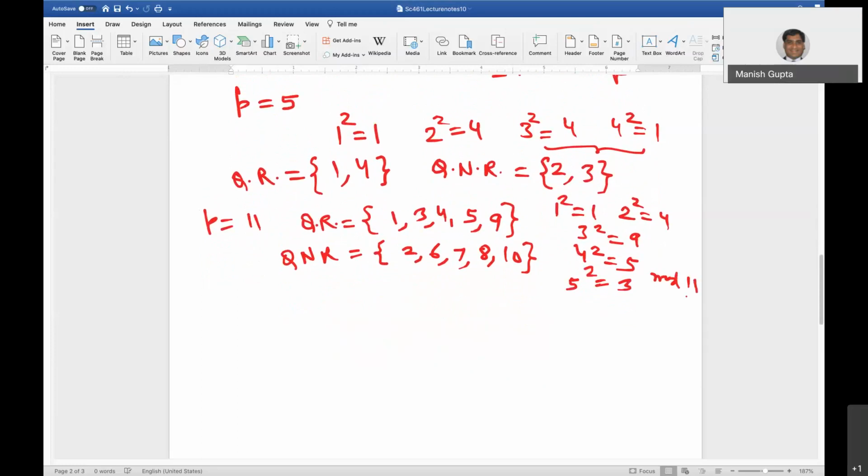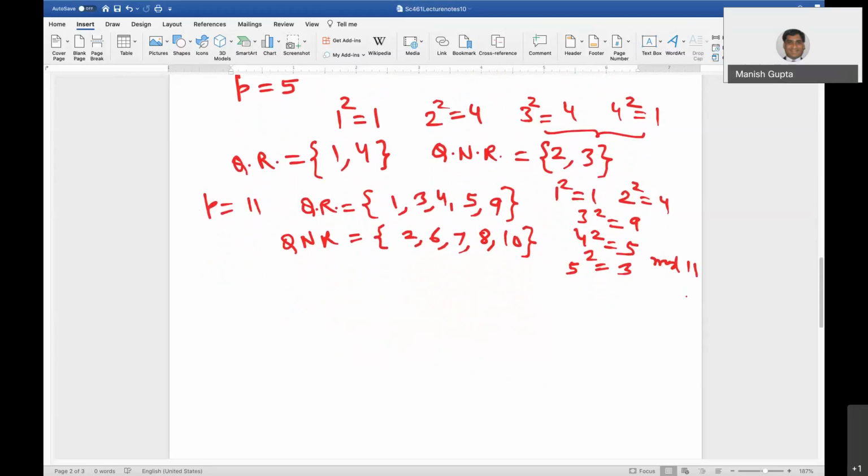So these are quadratic residue and quadratic non-residue. Now there are certain properties of these things. So the properties are, first, a quadratic residue times a quadratic residue is again a quadratic residue.